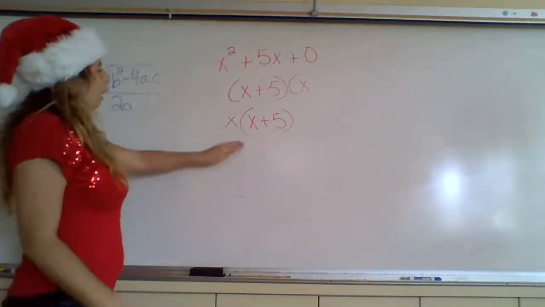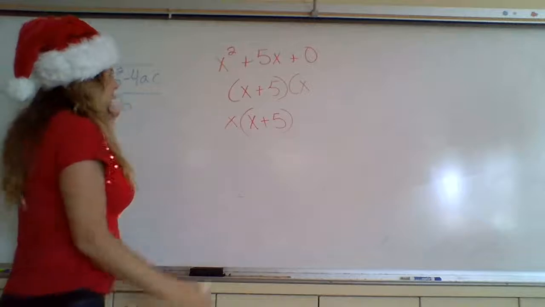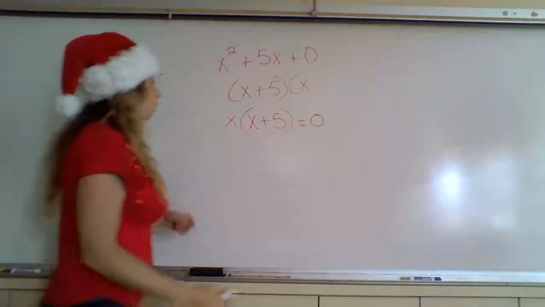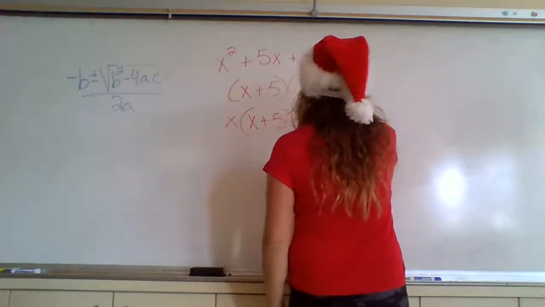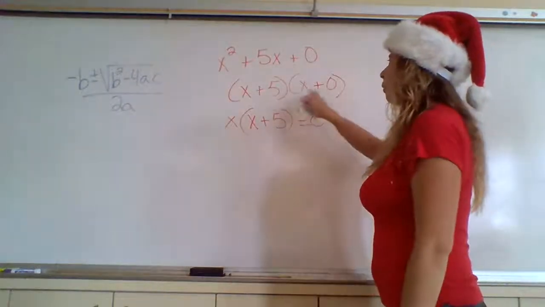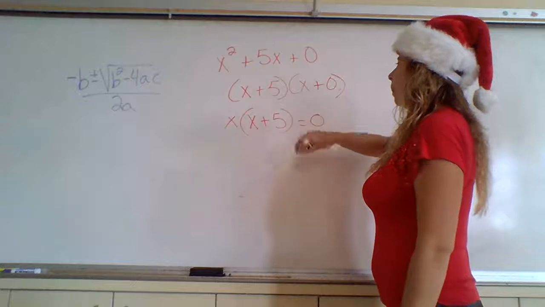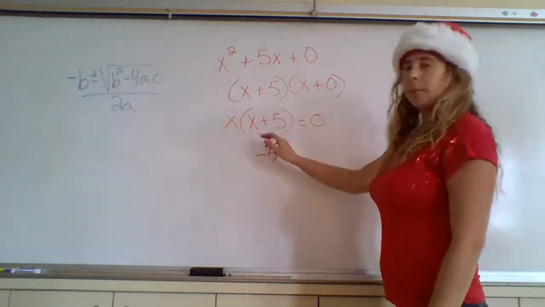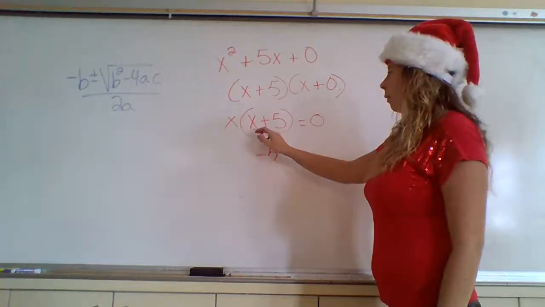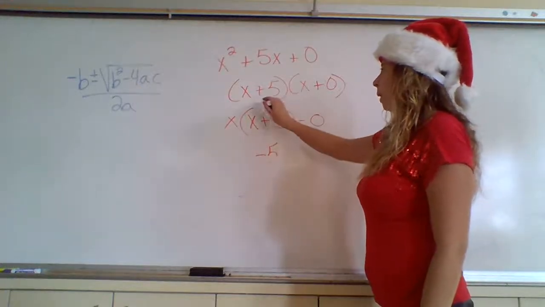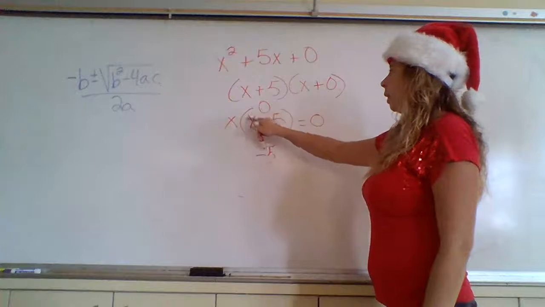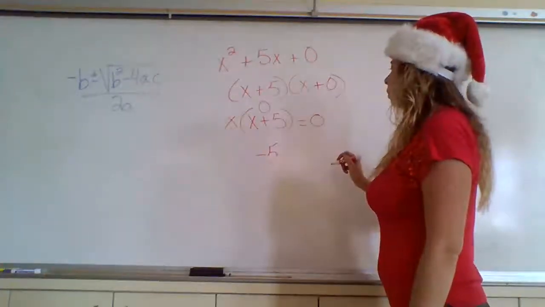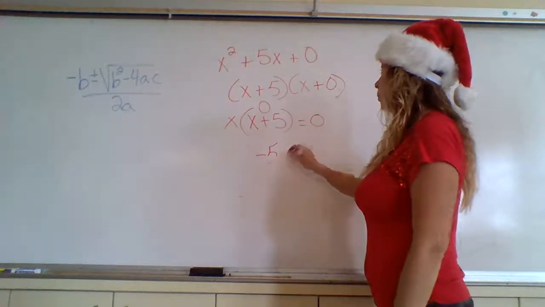So now, x-intercepts. When this would be equal to 0, remember, this is factored form. So your x-intercepts would be -5. That makes sense because -5 plus 5 would make this 0, and 0 times x is just 0. So that checks out. Your other one is just going to be 0.